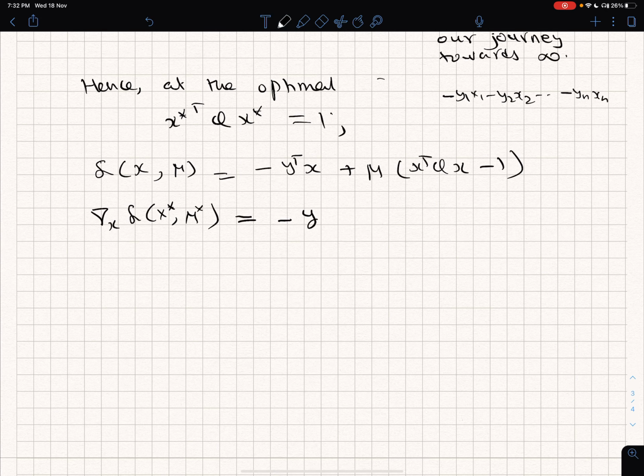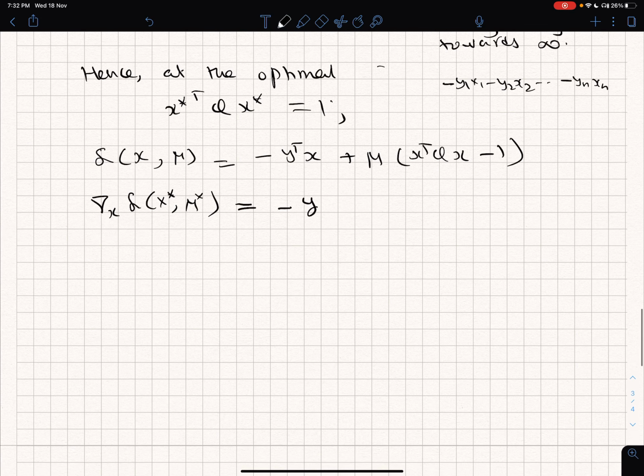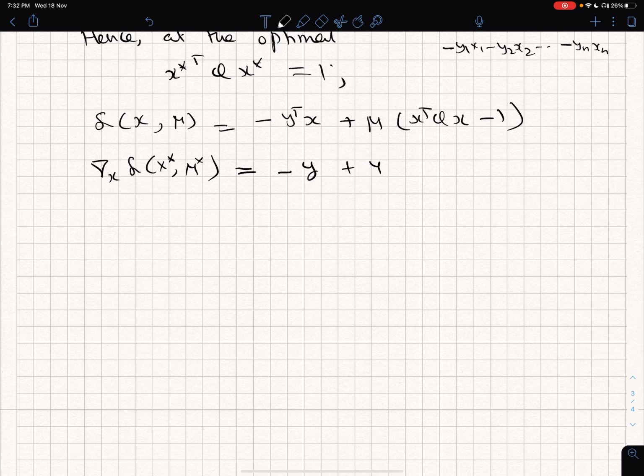minus the y vector, plus the partial derivative of only x transpose Qx, because the minus 1 is a constant and will not play any role when I take derivatives.